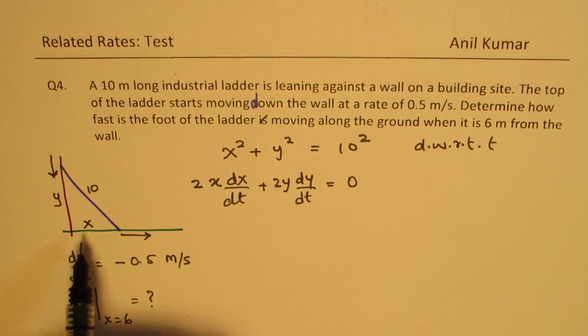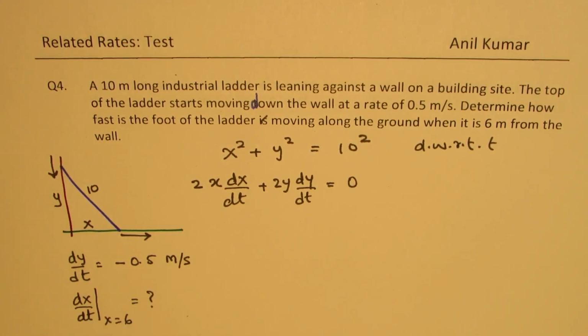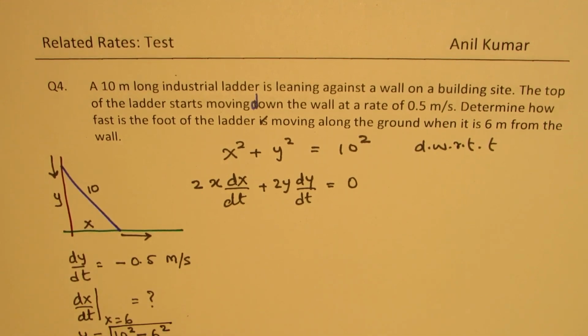Now, when x is 6, at that time, what is y? So we should also figure this out. When x is 6, we can write y is equal to the square root of 10 squared minus 6 squared.